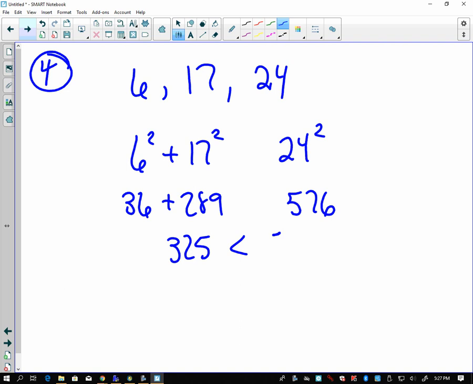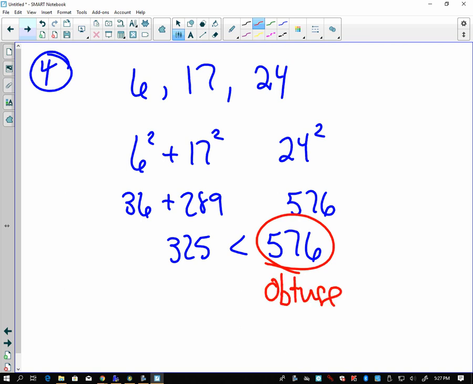325 is less than 576, and because the hypotenuse side is big, it is obtuse, because it's forcing those two ends apart. It's making that angle big, therefore it's making it obtuse.